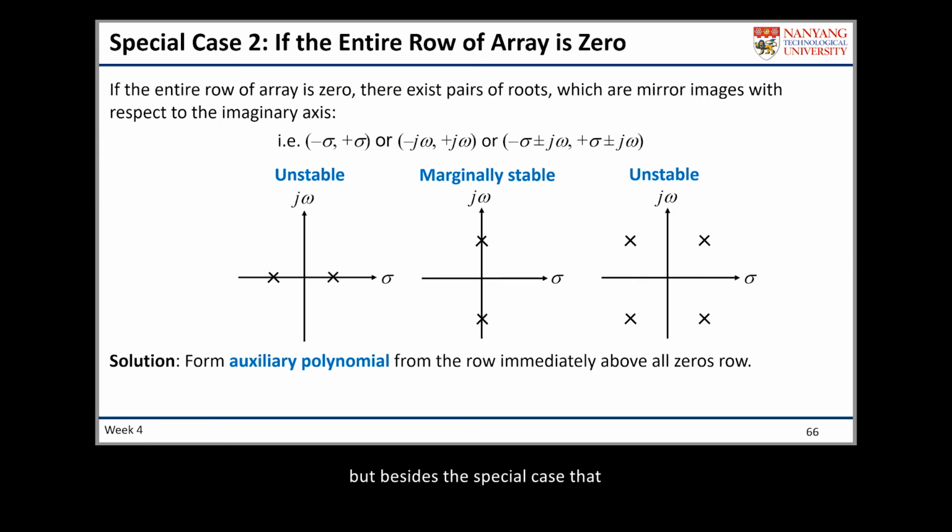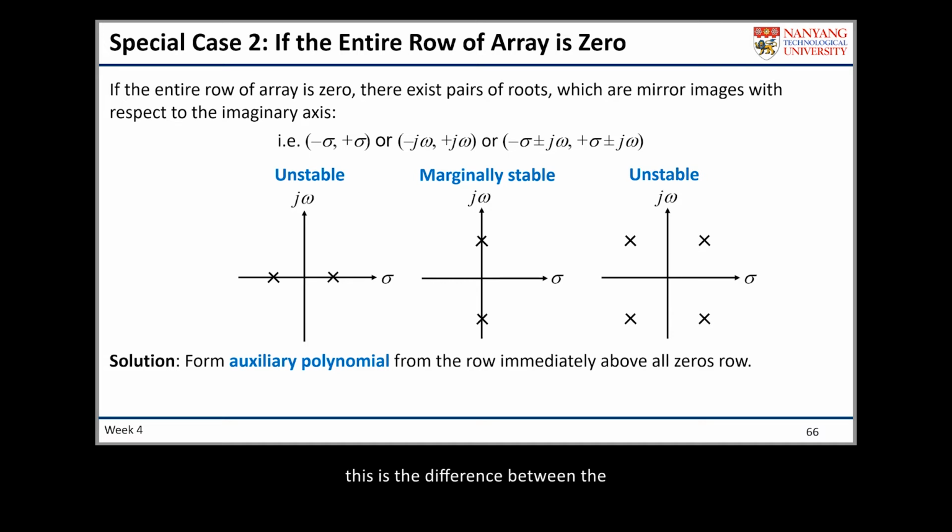But besides the special case that we have already discussed, I have another special case here. In the previous special case, we had 0 in one of the elements of the first column. For this second special case, this will happen if you have one row in your Routh's array where all of the components in that row are 0.